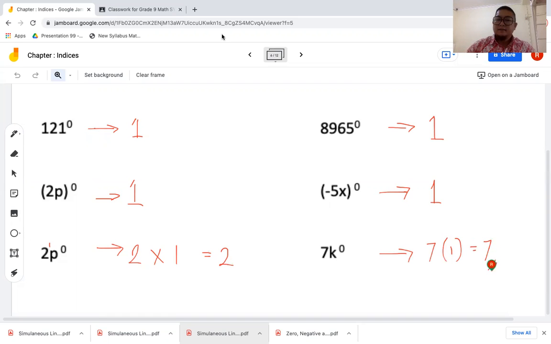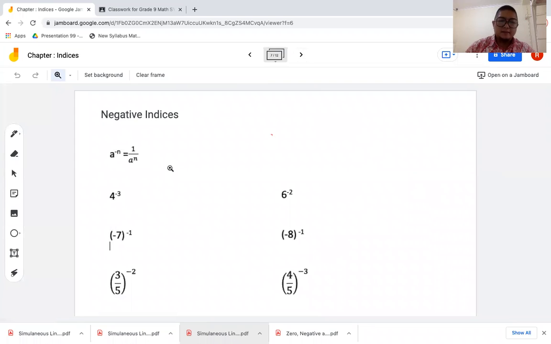Okay. Now we're going to move on to the negative indices. In the negative indices, what you need to understand is that if a base has a negative index, all you need to do is to write it down as the denominator of that particular value or fraction. So let's try.